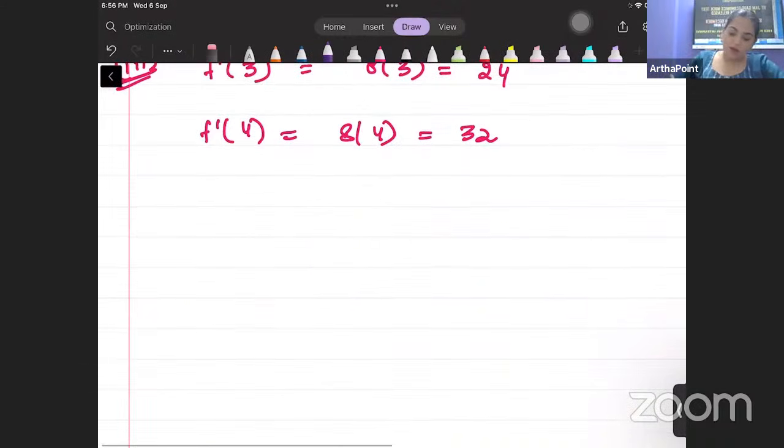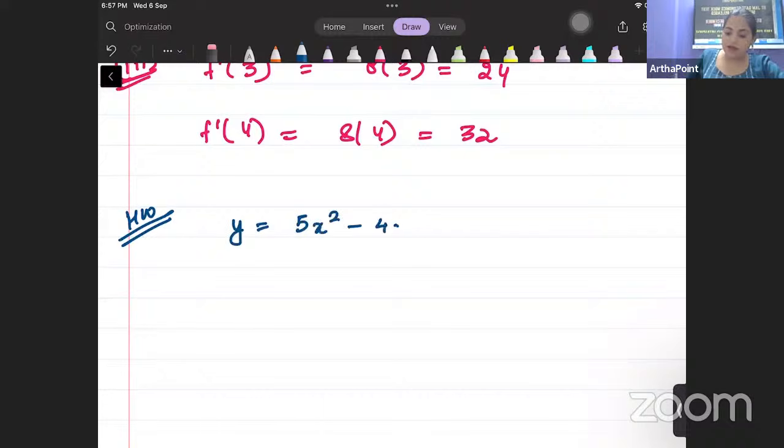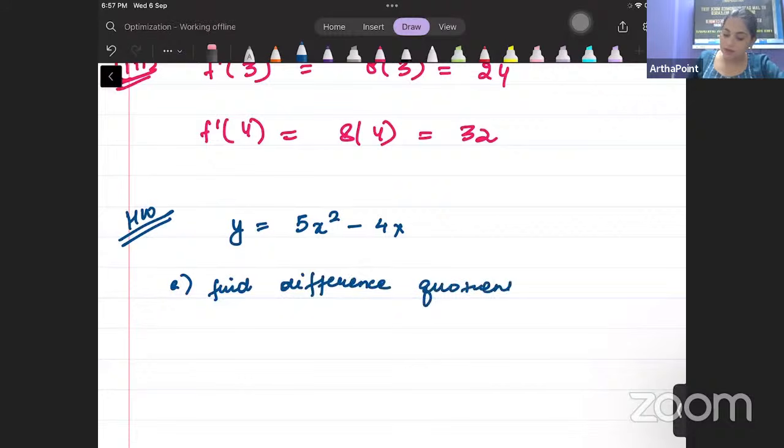Now, the question that you have to do as homework. You're given the function 5x square minus 4x. Beta, find the difference quotient as a function of x and change in x.